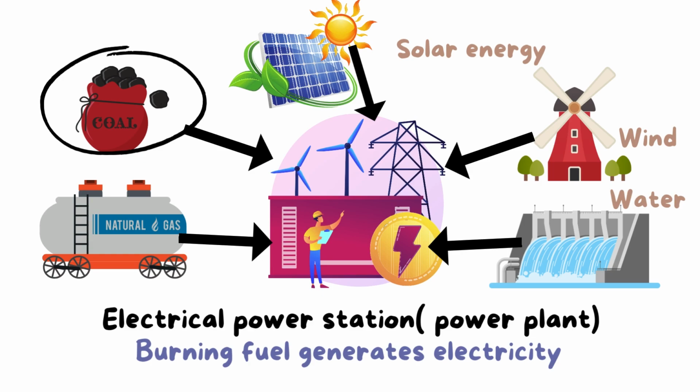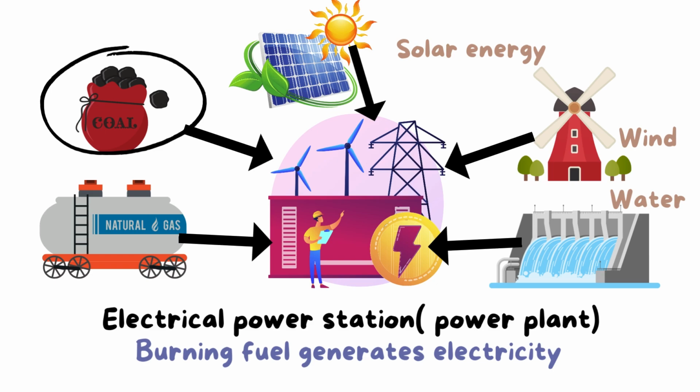These electrical power stations use many things to produce electricity, maybe natural gas or coal or solar energy, or wind, the movement of wind, or the energy that comes from water flow, as we said in dams, like the High Dam in Egypt.